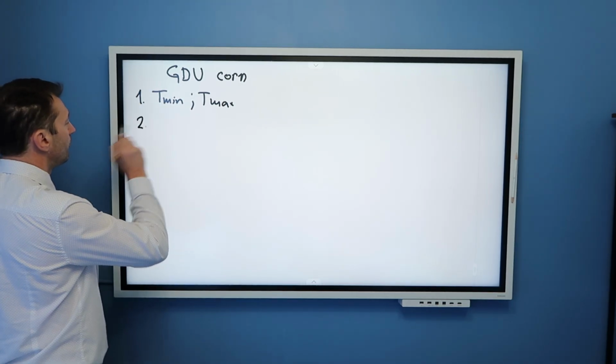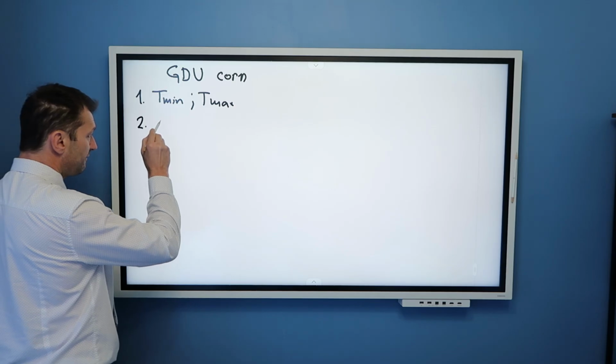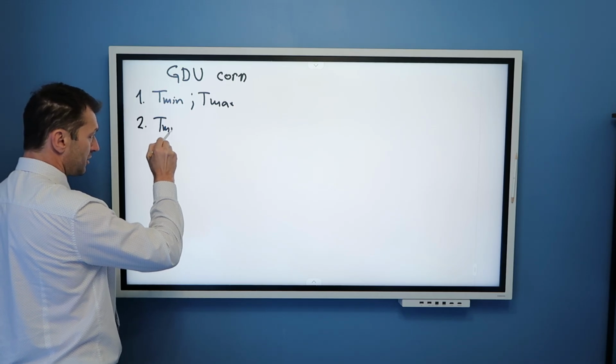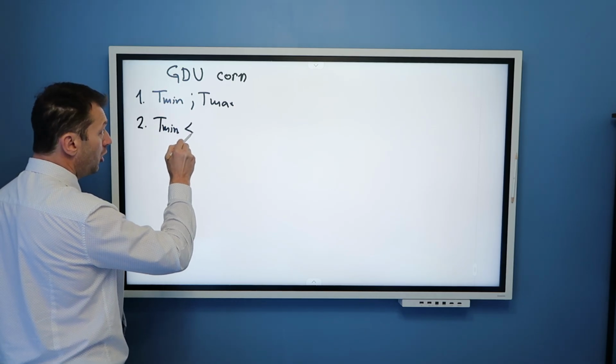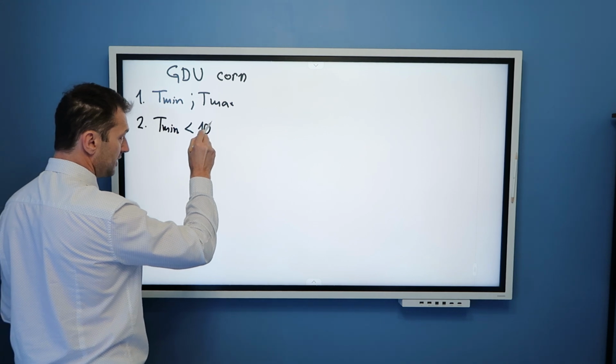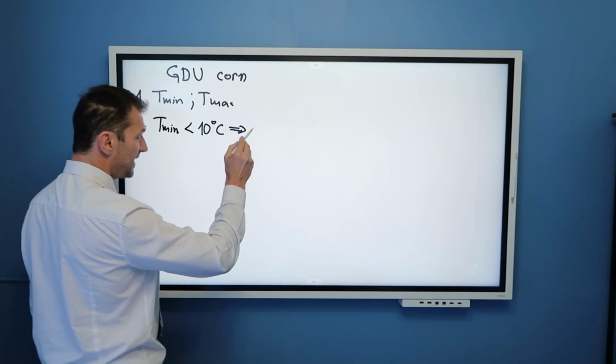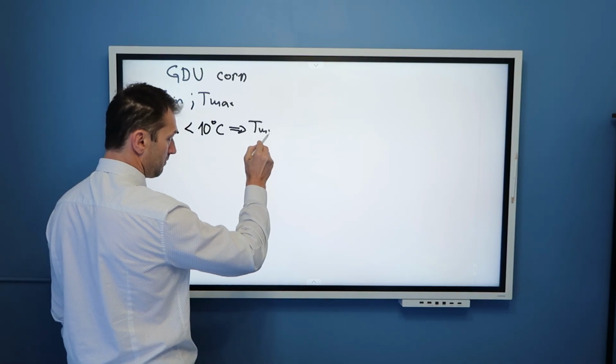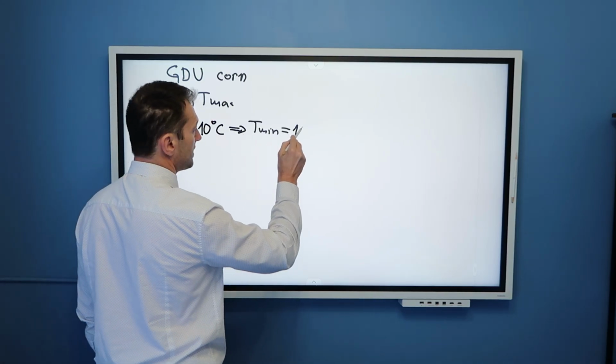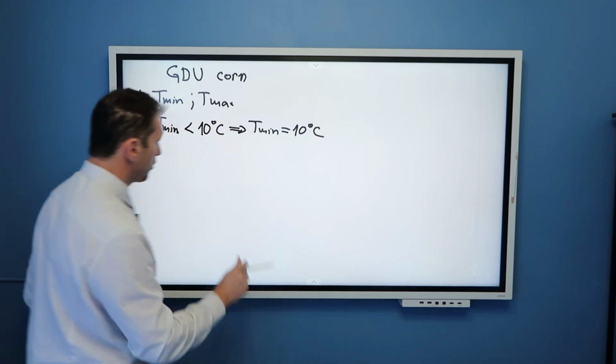2, if daily minimum temperature is below 10 degrees Celsius, then set minimum temperature to be 10 degrees Celsius. Because, why 10?